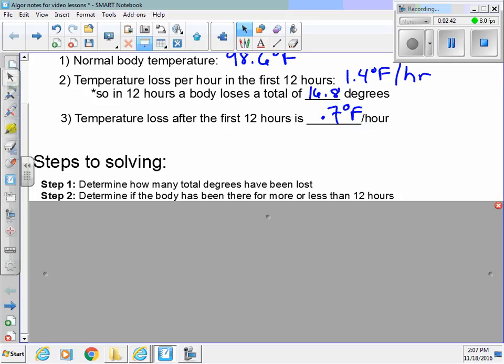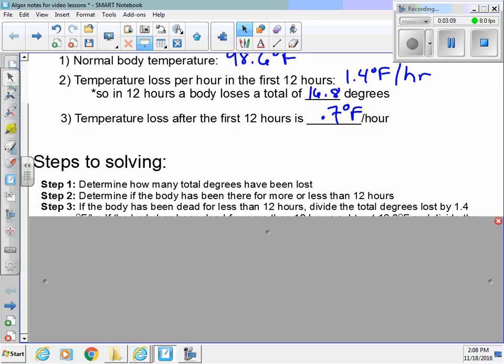The second step, now we look at that total degrees lost, and we say, is that more than 16.8 degrees or less than 16.8 degrees? If it is less than 16.8 degrees, that's our magic number, we know the body has been dead less than 12 hours. If the temperature is greater than 16.8, we know that the body has been there for more than 12 hours, and it's going to determine what number we're going to use later.